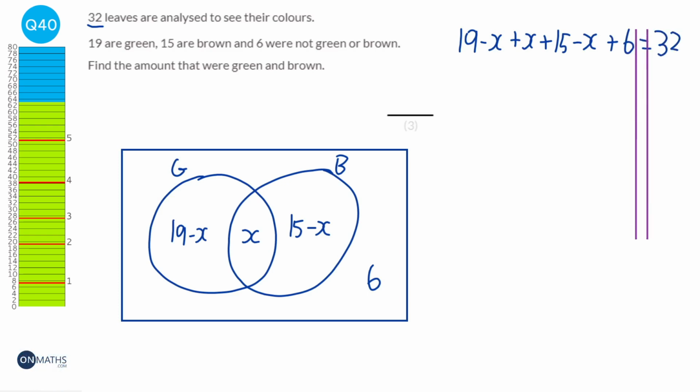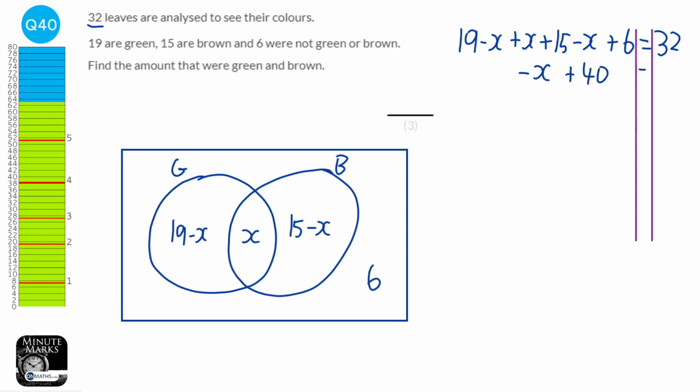And let's get our solving lines in. So we've got minus X and minus X, so that'll be a minus X. And we've got 19 plus 15 plus 6, which will be 40, equals 32. We're going to take away the 40 both sides.